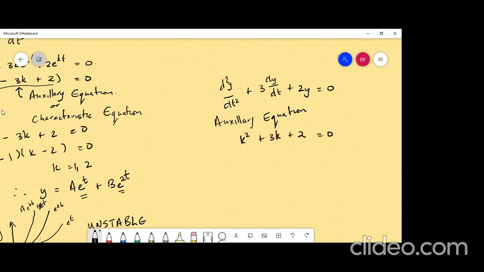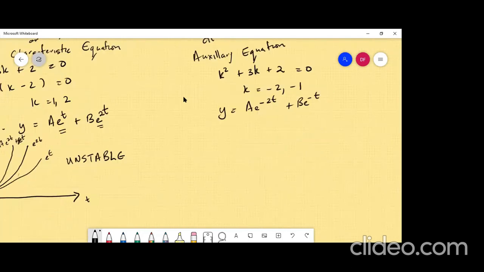Minus 2 and minus 1. All right, so we have to factorize it. So therefore, y is going to be equal to a e to the minus 2t plus b e to the minus t. Now, so that is the solution there.